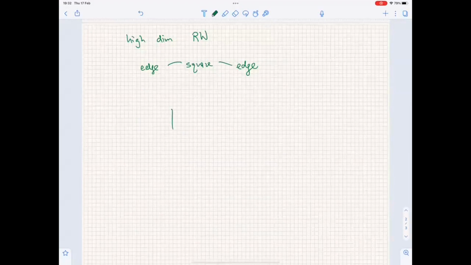For example, if I walk from an edge to some random square that touches this edge, and then on the square I choose any one of these 4 edges randomly, there's probability a half that I go to an edge which also touches this vertex.